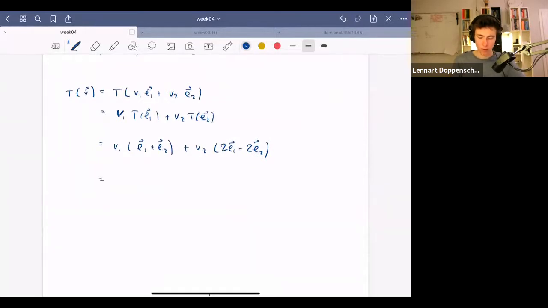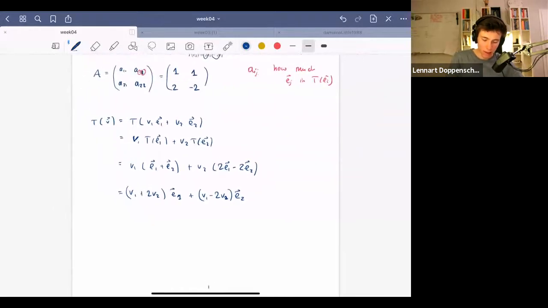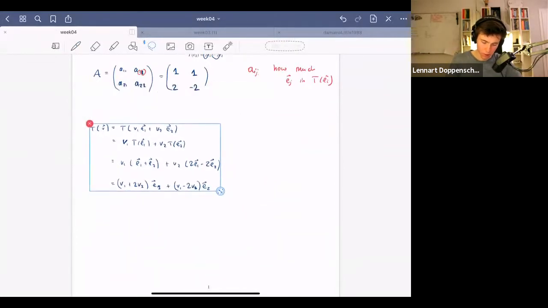So if we sort this by basis element E1 and E2, we get that this is (V1 plus 2V2) times E1 plus (V1 minus 2V2) times E2. Okay, so this is the left-hand side, and I've tried to remain on the left half of this page. I almost succeeded.